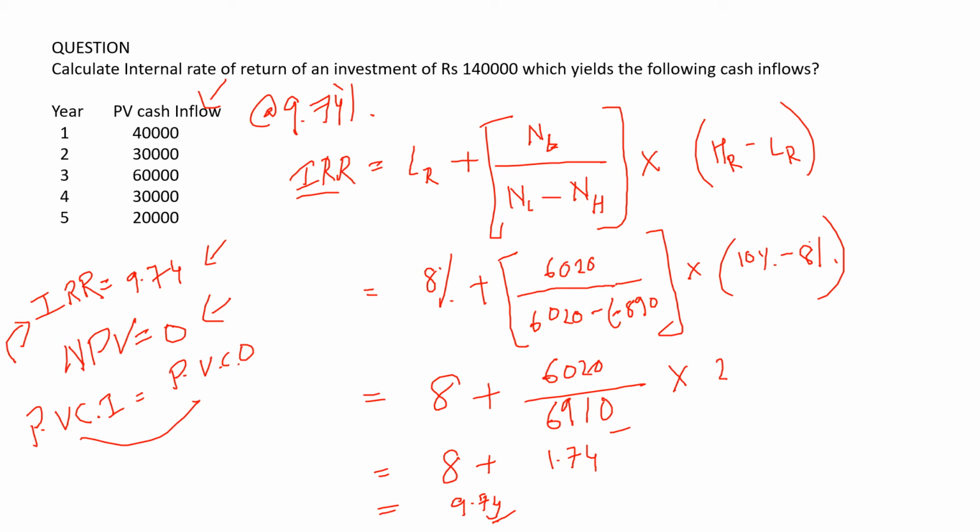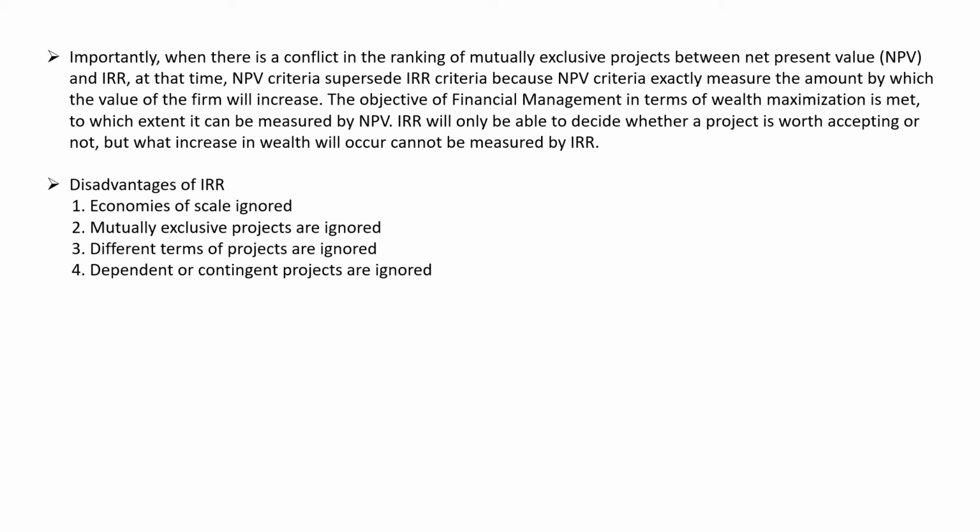So now let us move to the disadvantages of IRR. But before seeing the disadvantages of IRR, let us see which method supersedes, whether the NPV method or the IRR method supersedes, while we need to choose a mutually exclusive project.